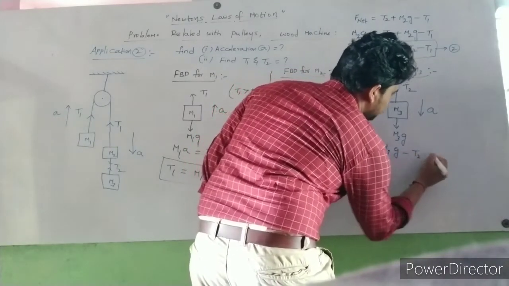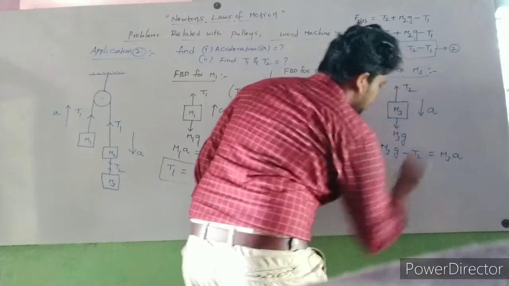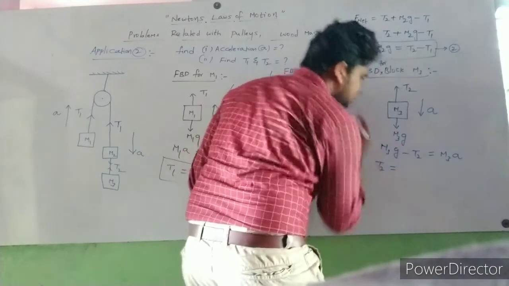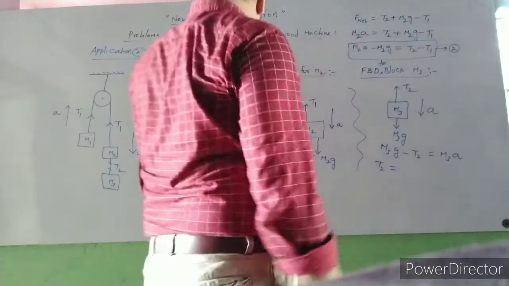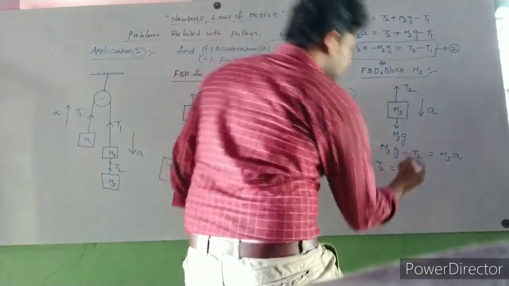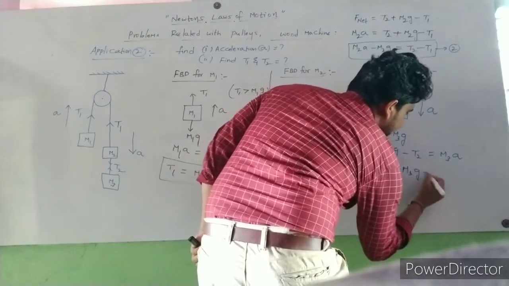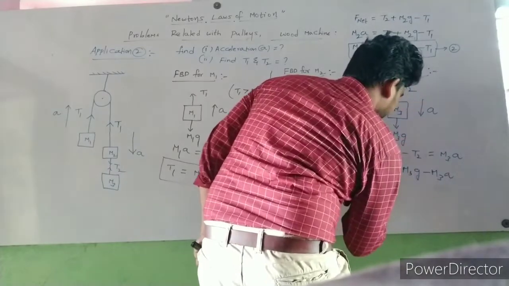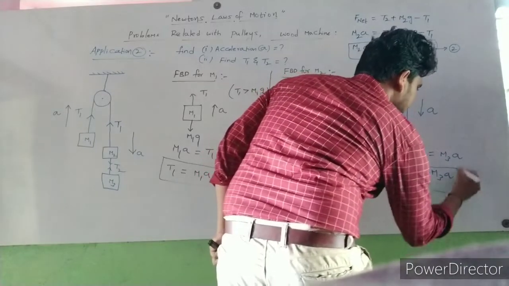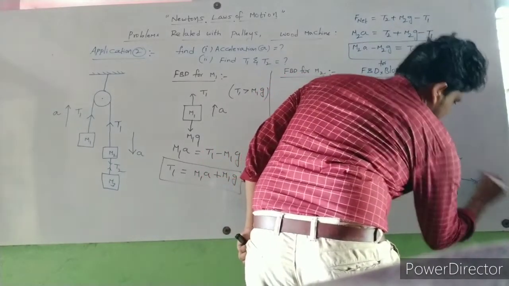M3G minus T2 is equal to M3 into A. For this one, we got T2 equal to M3G minus M3A. So this is equation 3.